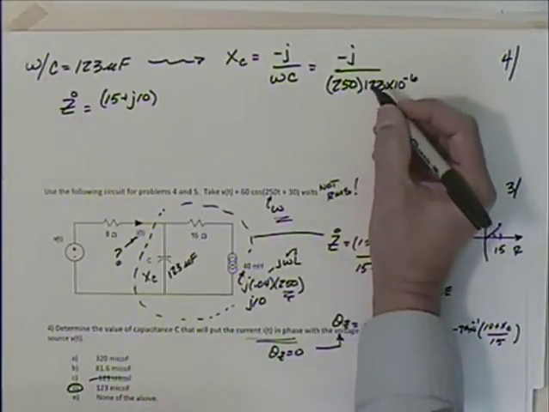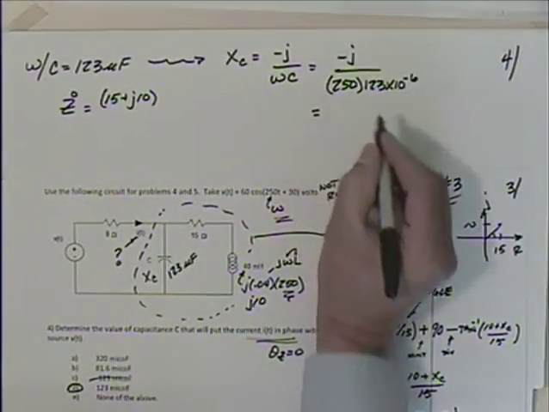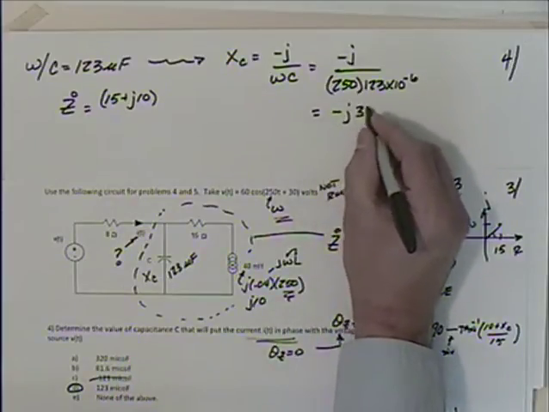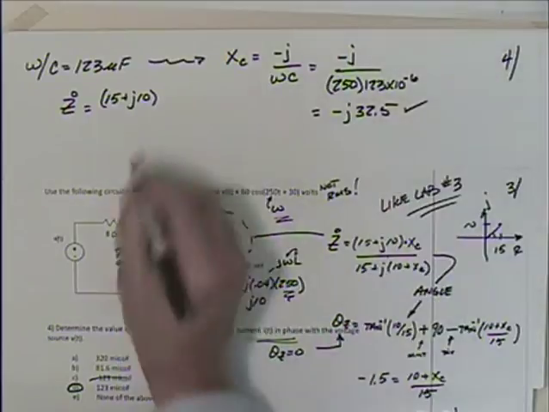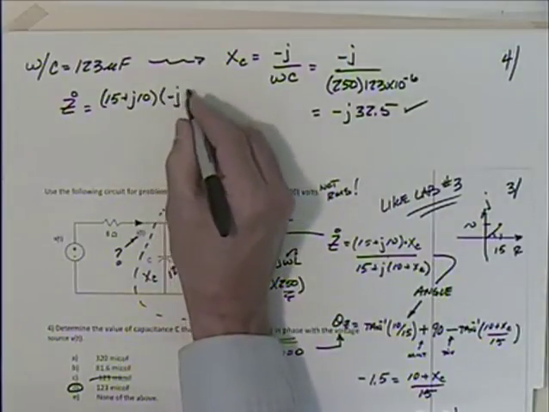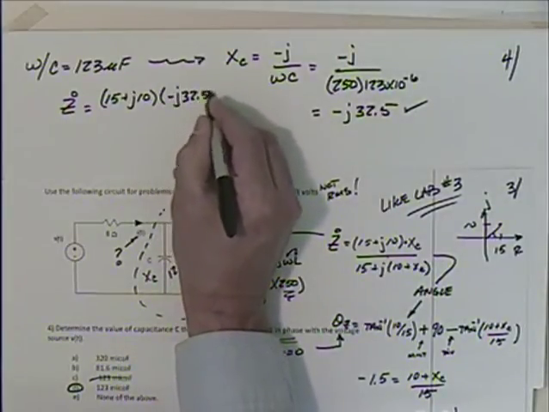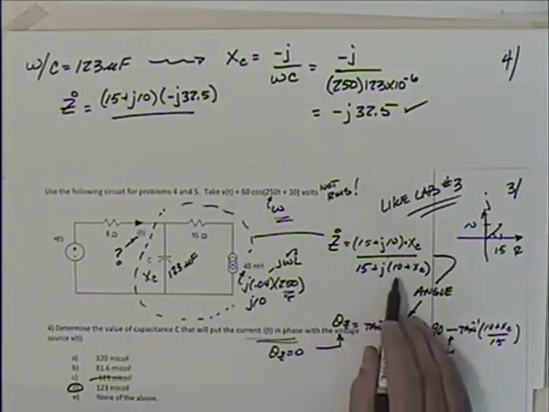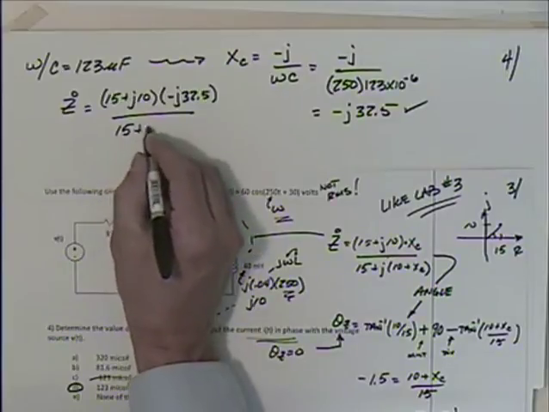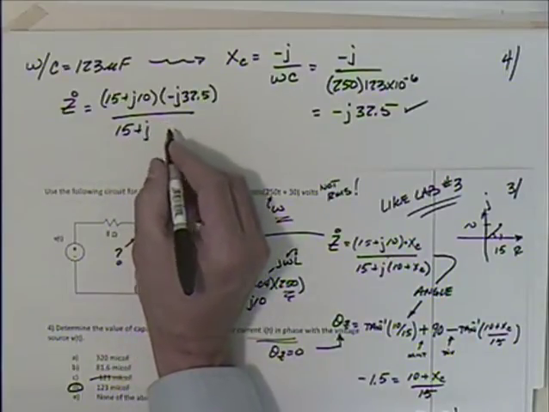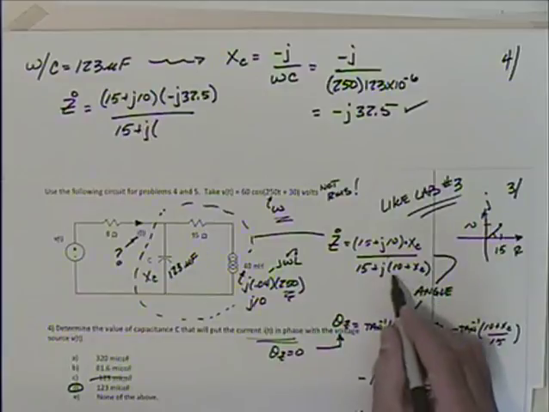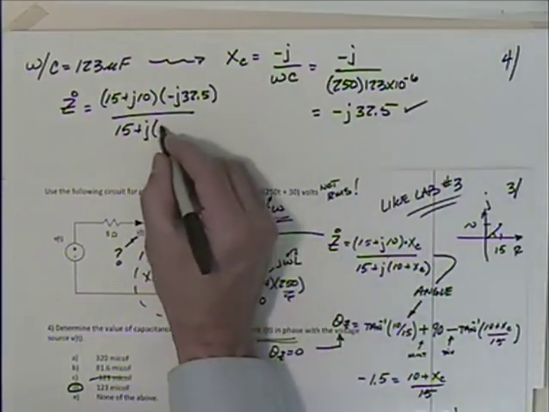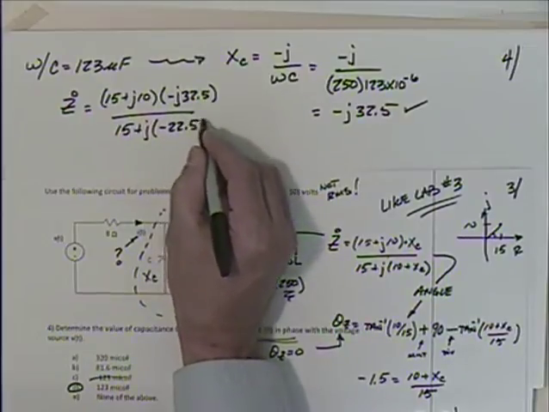So this turns out to be equal to minus j 32.5. So with that, I put minus j 32.5 there. And then I'm going to divide by 15 plus j. And then I'm going to have, let's see, I put the positive 10, and the minus 32.5 gives me a minus 22.5, right?